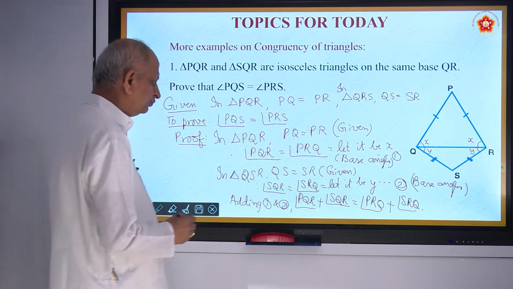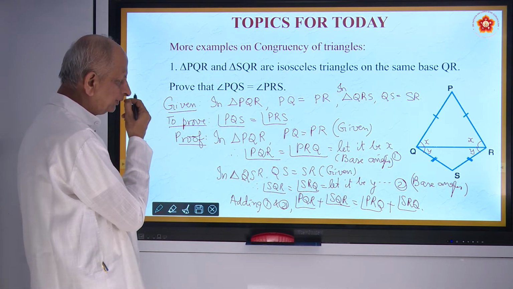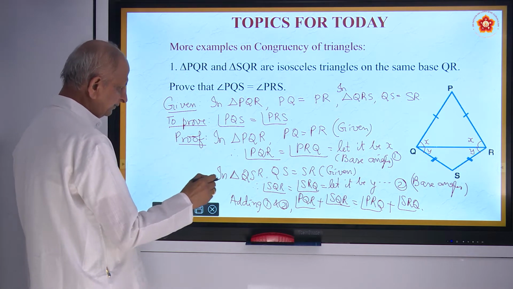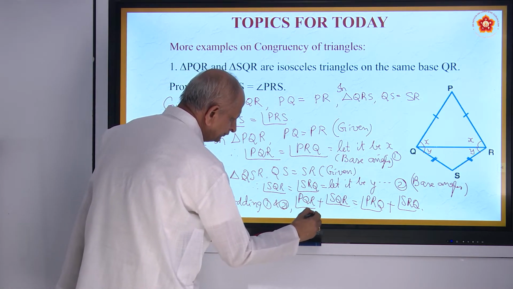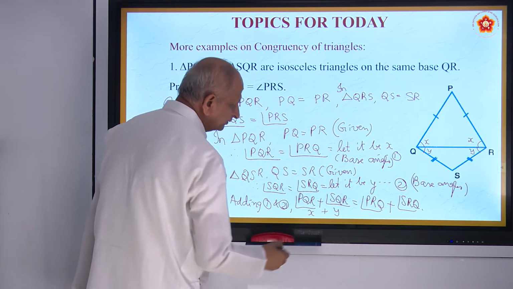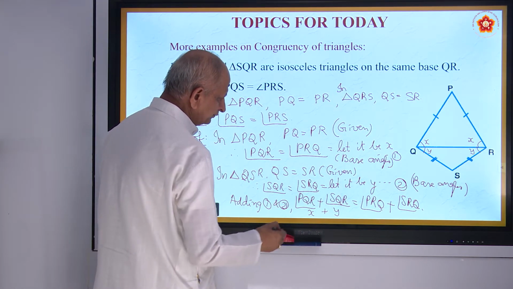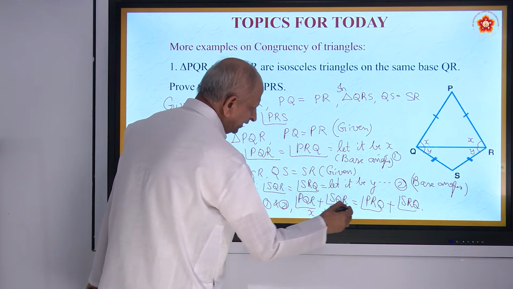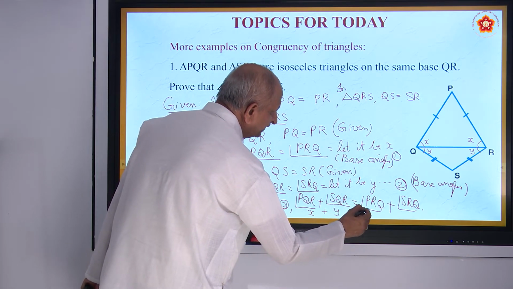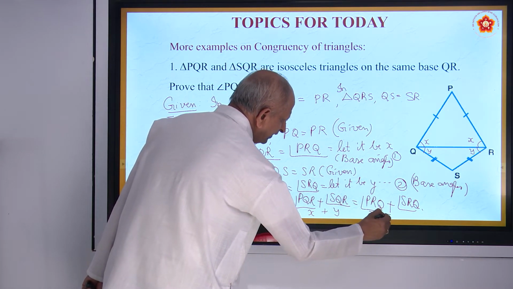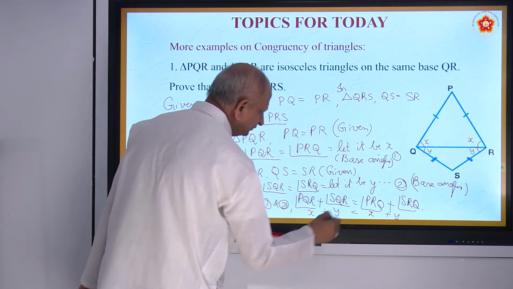So add these two. PQR plus SQR means what? X plus Y. This is X plus Y. And here it will be PRQ, means X plus Y. So both sides are equal.